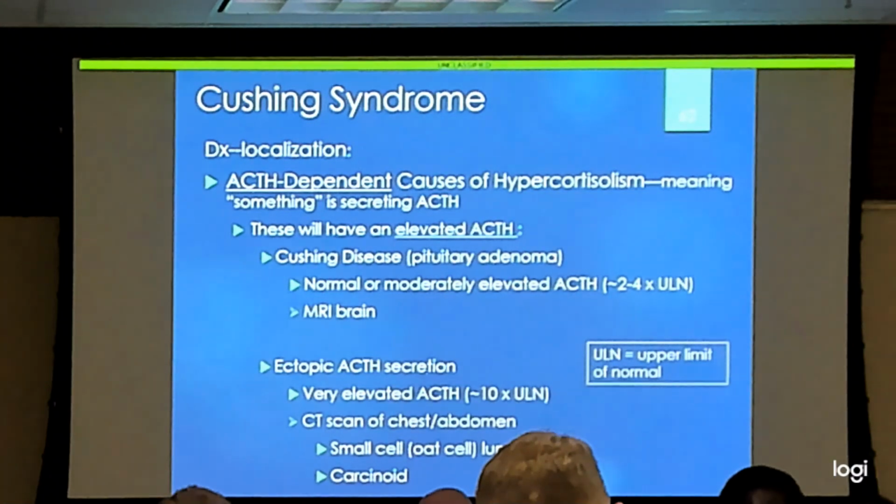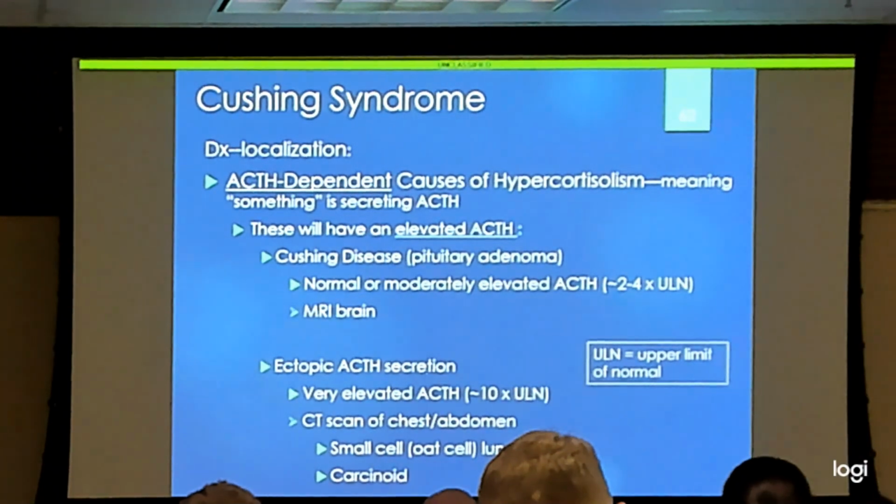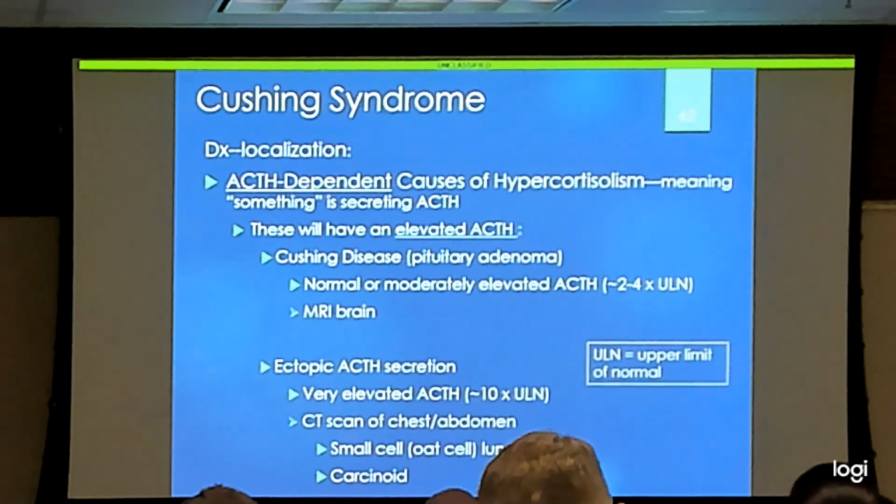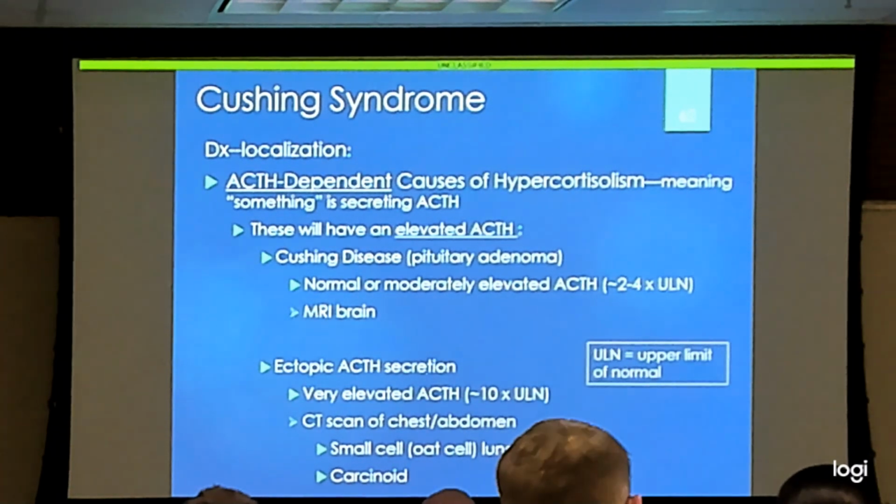Carcinoma can also do this, but if my level is, let's say, 2 to 4 times the upper limit of normal. When I say upper limit of normal, what do I mean? Remember, every lab has a normal range. Let's pretend a normal range is 1 to 10. Exactly, look at the high number, whatever the highest range is.